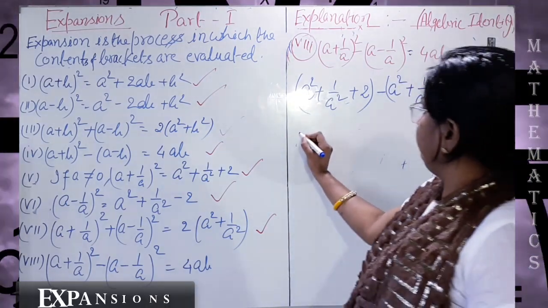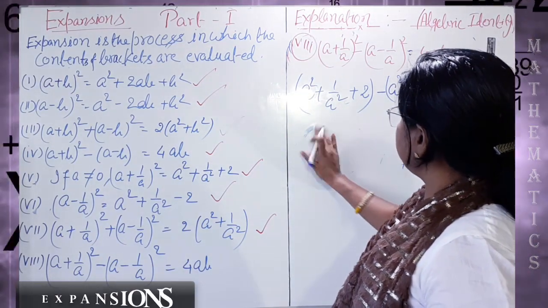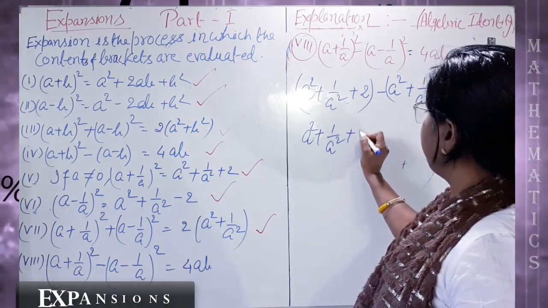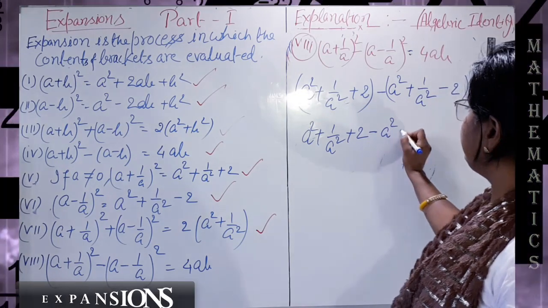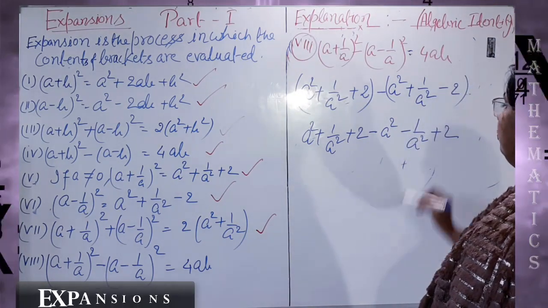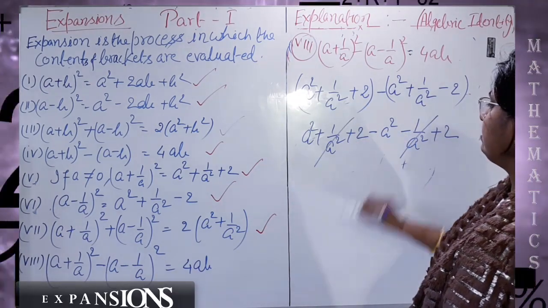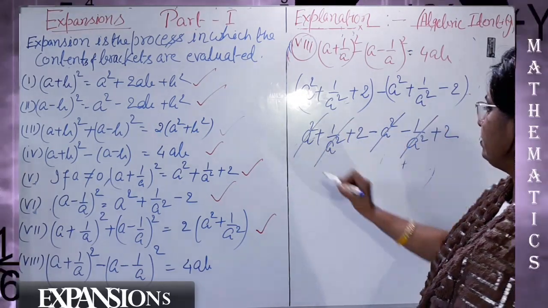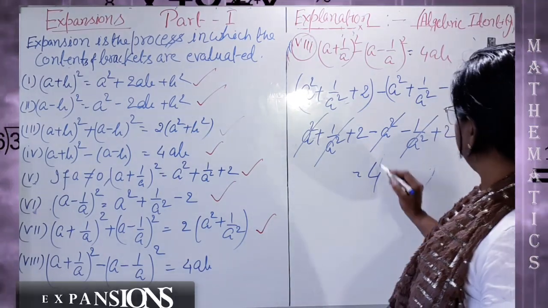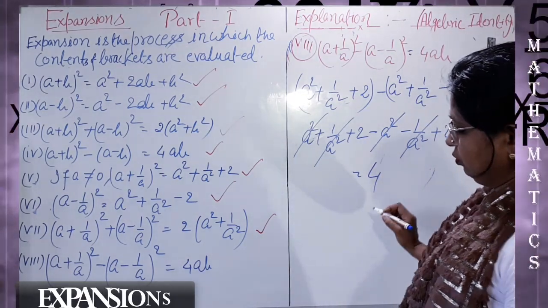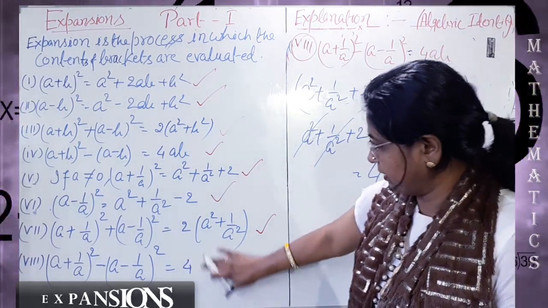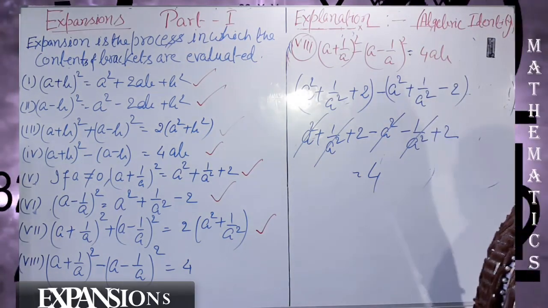Now break the bracket: a square plus 1 by a square plus 2 minus a square minus 1 by a square plus 2. 1 by a square cancels, a square cancels, it is 4. By mistake I have written there 4ab. Actually it is only 4.